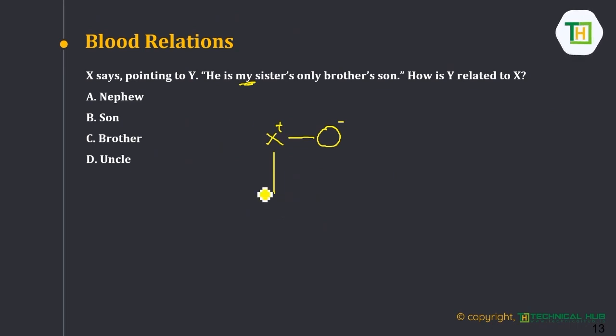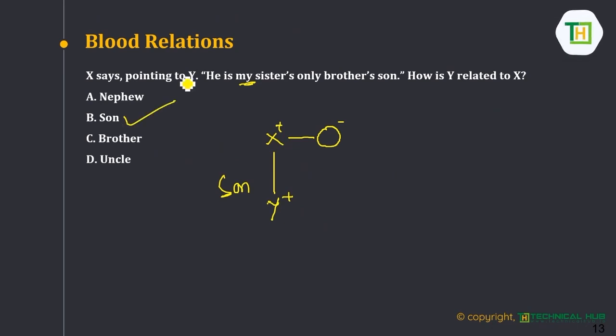He is means pointing to a person, Y. So he is my sister's only brother's son, considered as your son. So how is Y related to X? The relation is son and father. So the answer is son. X's son is Y.